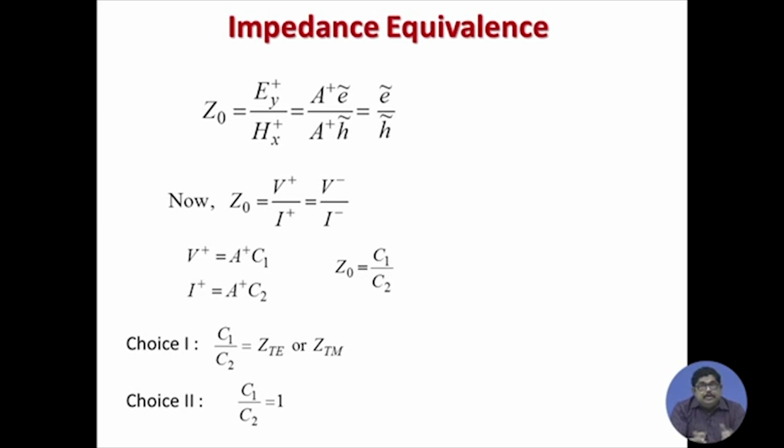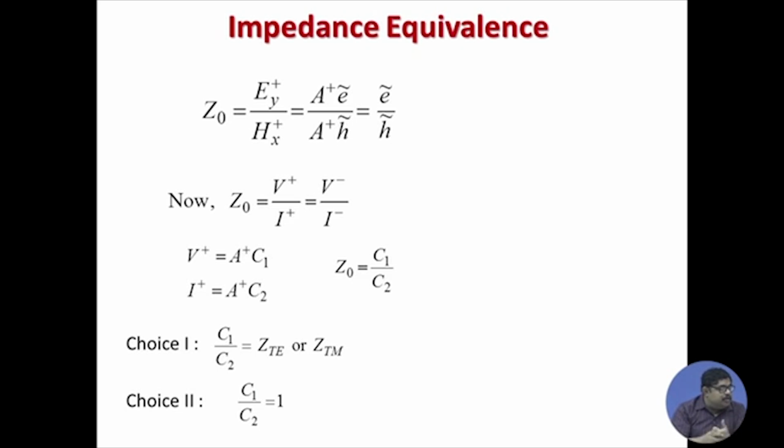Also, impedance should be equivalent, that means the Z naught, that is equal to E y plus by H x plus, which turns out to be E by H, that should also be equal to V plus by I plus, or the ratio of V minus by I minus.